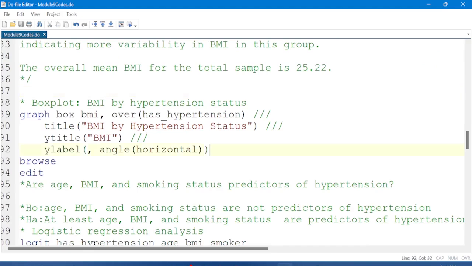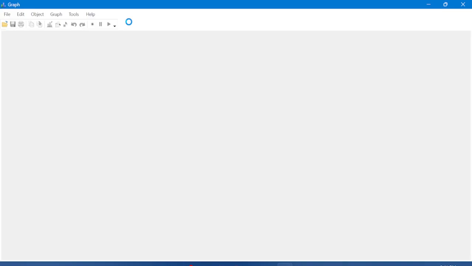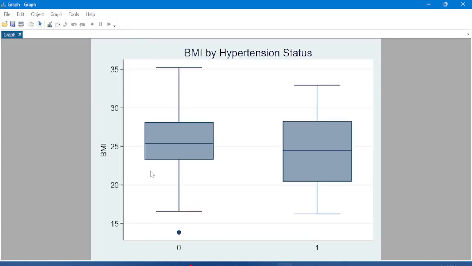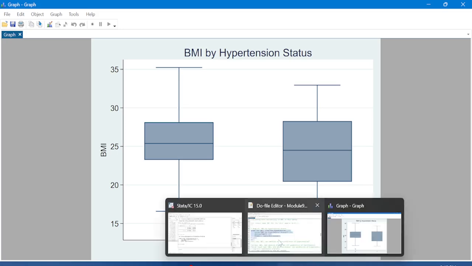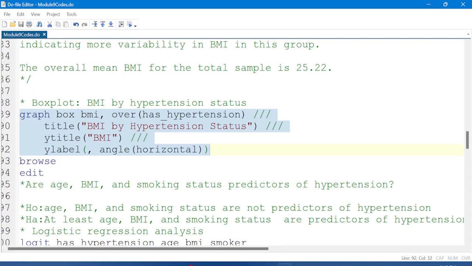We can do some visualization, like creating a box plot of BMI by hypertension. We realize that our box plot has one outlying data point, the one that I first flagged. Let us browse the data.